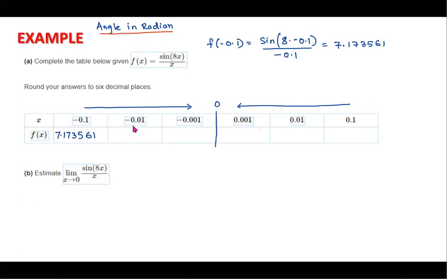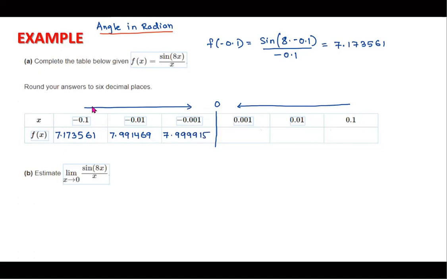And we repeat the process. Now, if you plug in negative 0.01 into this function and simplify, you should get 7.991469. Make sure you use your calculator and verify that you get that, okay? And then let's plug in negative 0.001 into the same function. You should get 7.999915.